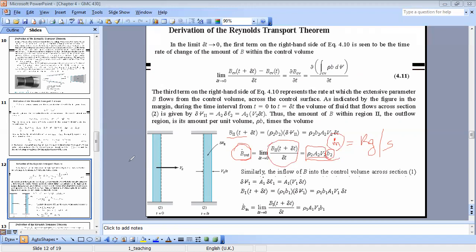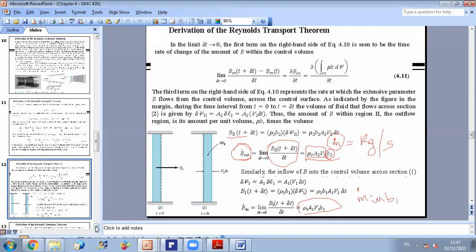Similarly, for the inlet, I can do the same demonstration to say that B1 at t plus delta t over delta t, when the limit of delta t tends to 0, is equivalent to m dot in times b1.